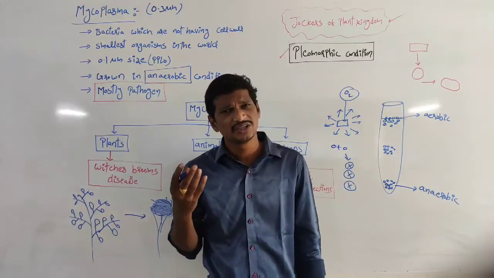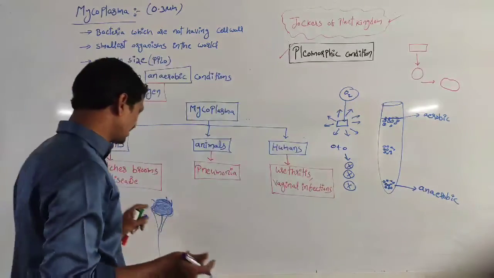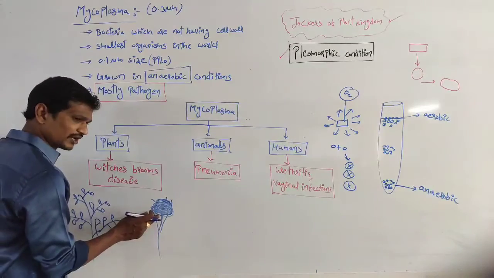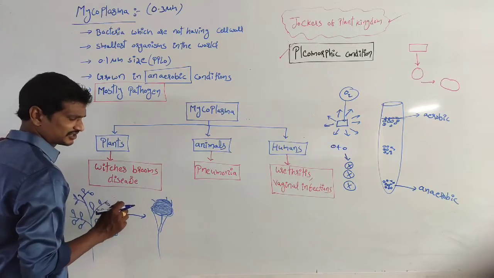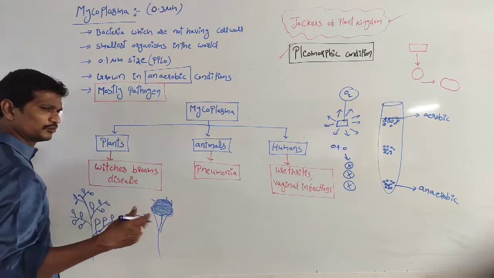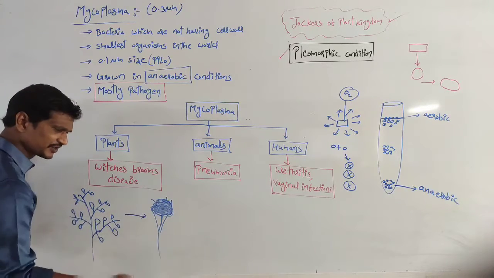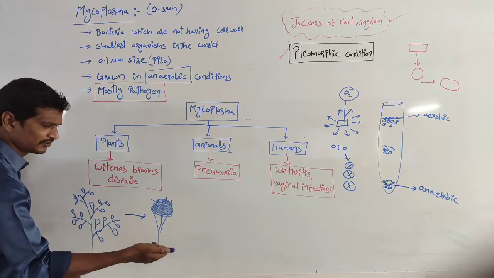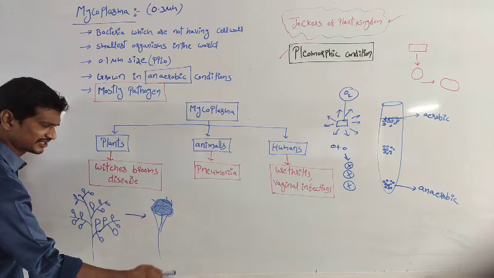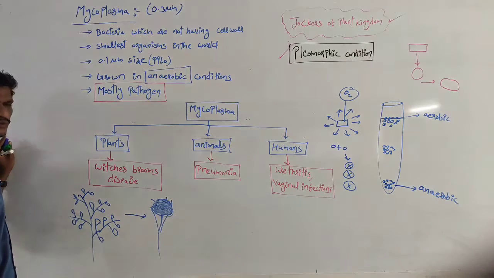Based on that, the plant parts also look like that kind of structure. That's the reason why this disease is called witch's-broom disease. These parts are completely aggregated, which forms the tip part, and the tip part forms a broom-like structure.